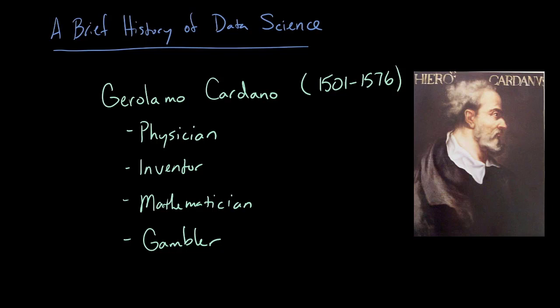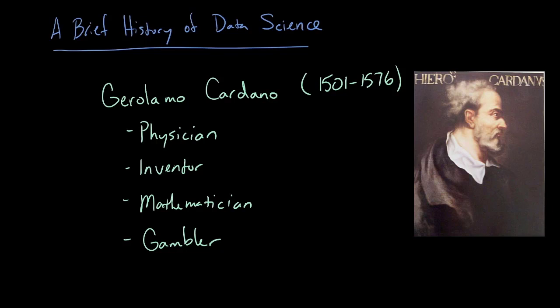And part of the advice is like, make sure you have a flat table because people can exploit a slanted table when you're playing a dice game, but also make sure that you're facing a rapidly rising moon for unexplained reasons. So Cardano, super interesting guy, and really laid the foundation for how people were going to think precisely about probabilities.